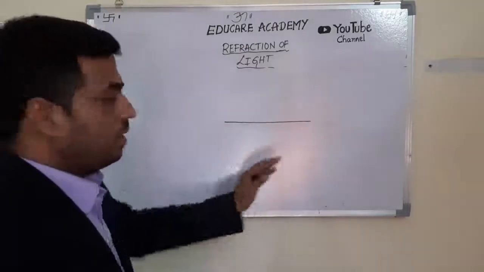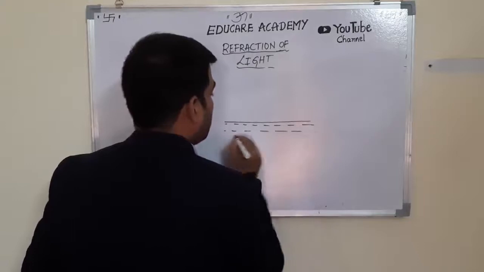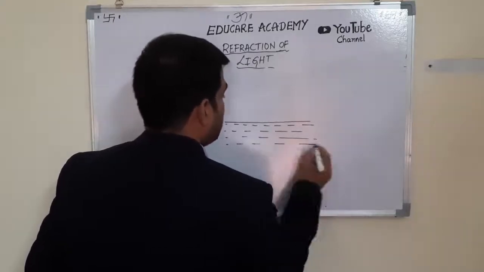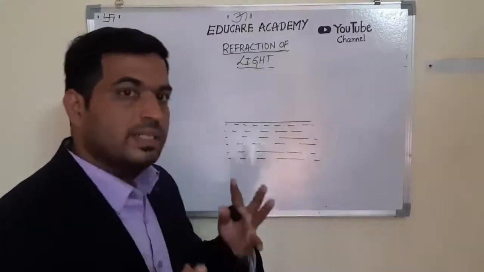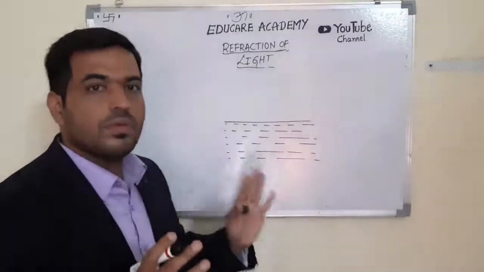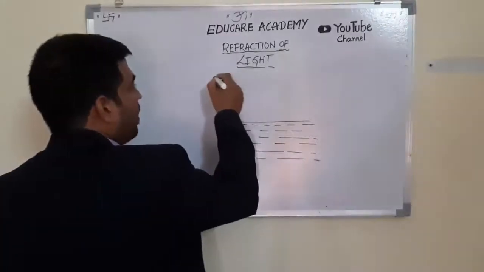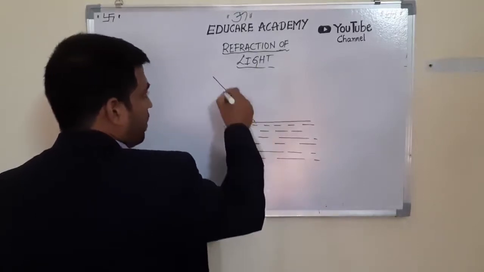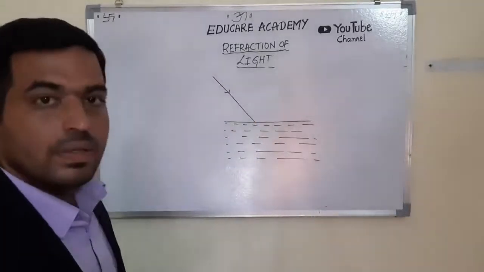Now consider a water layer over here. It's water. You know that water is denser than the air medium. So in the air medium, the light is present. Now the light ray comes over here like this. It falls on the layer of water.